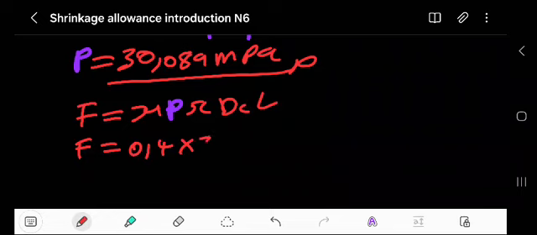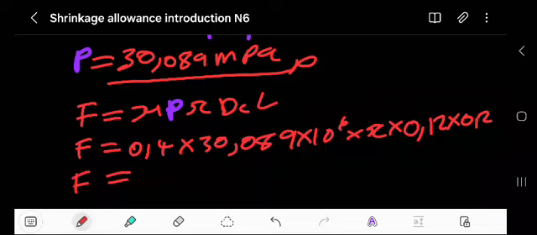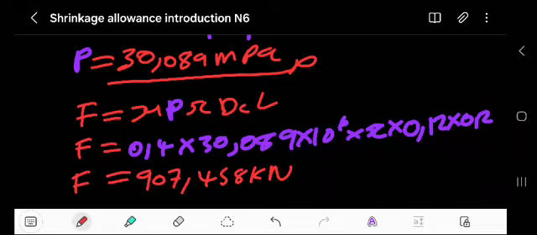The pressure we have just calculated times 10 to the power of 6, multiplied by pi, the common diameter which is 0.12, times the length, which was 0.2 that we were given. Then if you punch this, you simply get 907.458 kilonewtons.